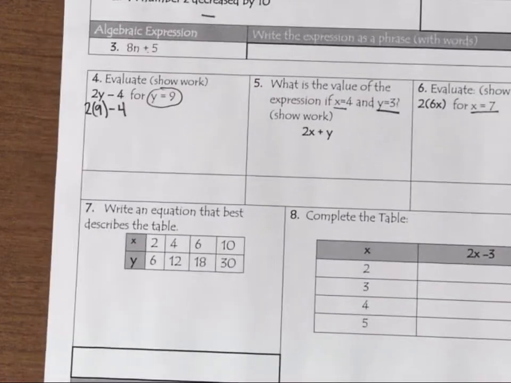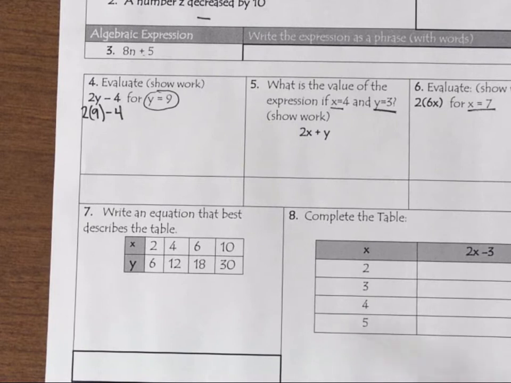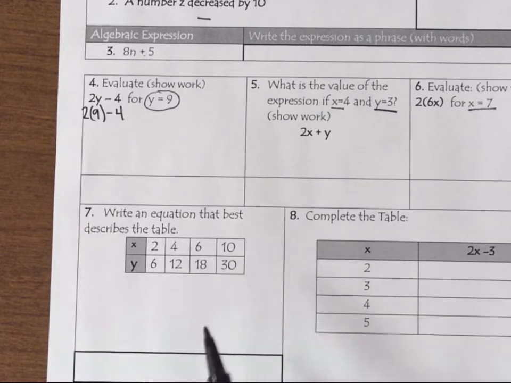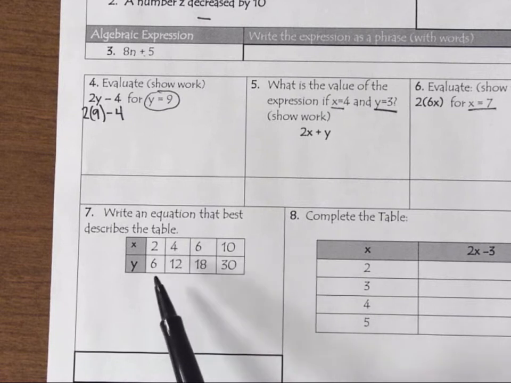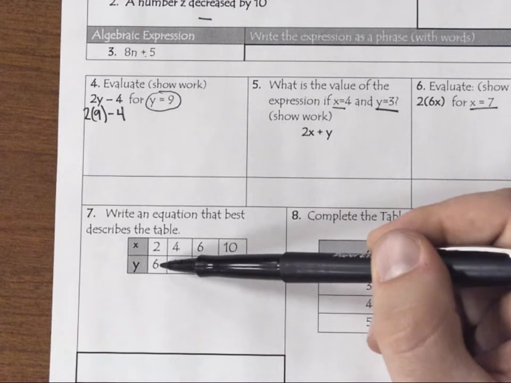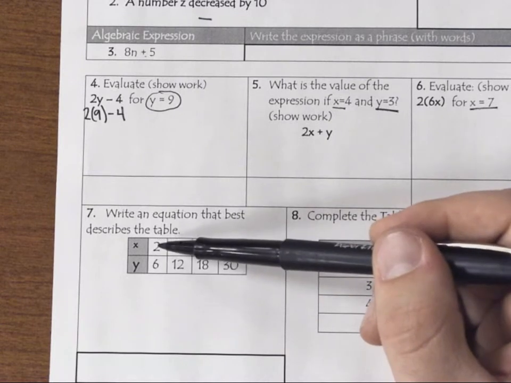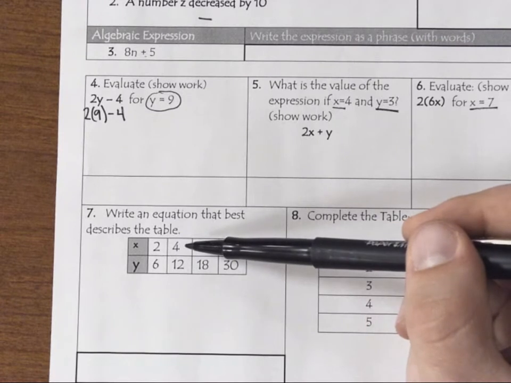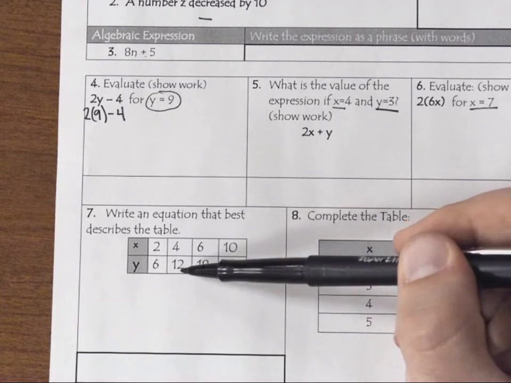Number 7 says write an expression that best describes the table. So if x is my variable, what is happening to x to get an outcome of 6? Well, let's take a look. How do I get from 2 to 6? Well, I can either add 4 or multiply by 3. So let's check the next one and see what the pattern is. 4 to 12.